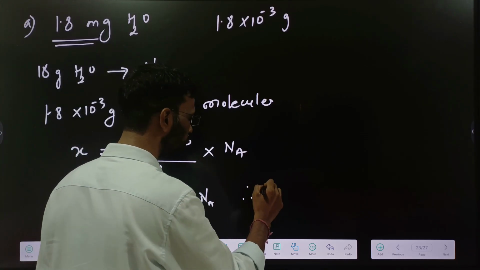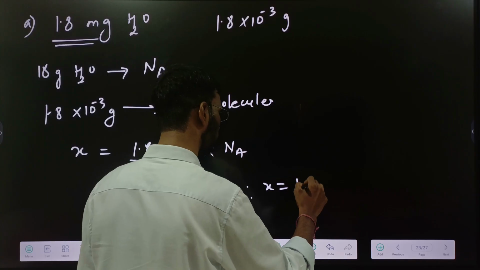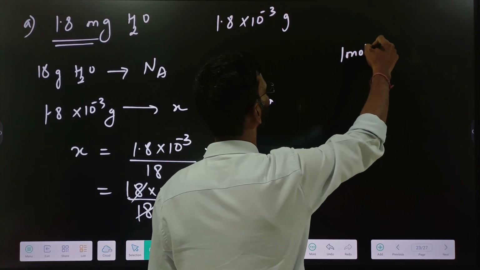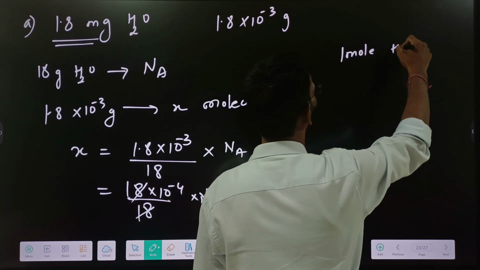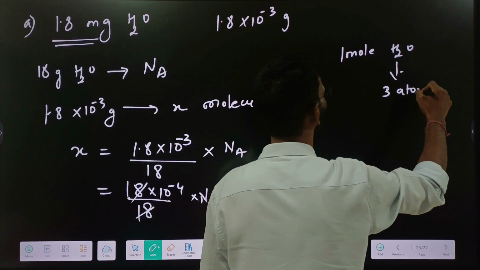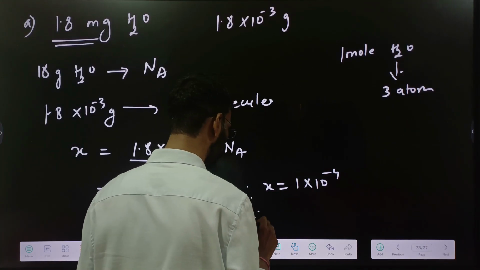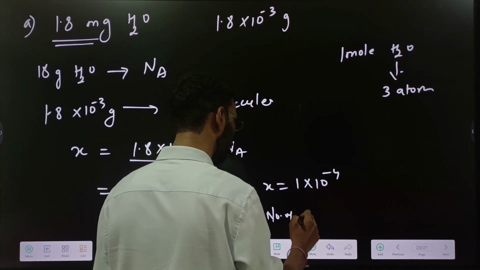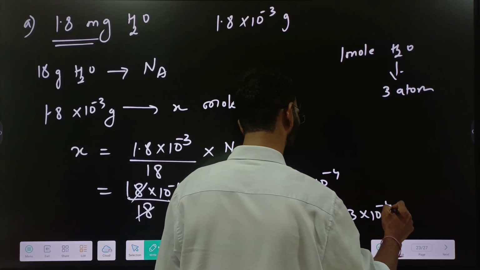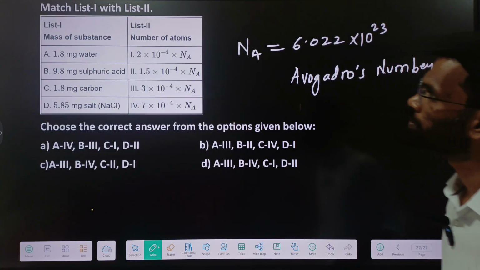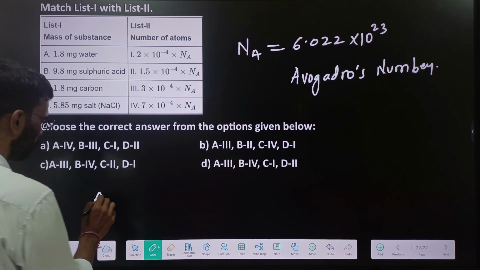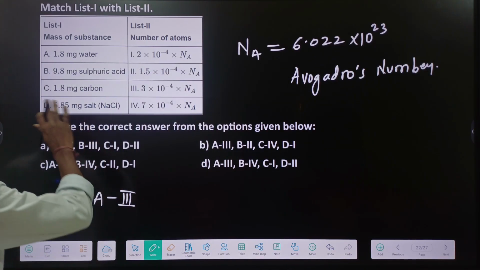Therefore, the number of molecules X is equal to 1 into 10 raised to minus 4. Now one molecule has how many atoms? One molecule of H2O has 3 atoms together. So the number of atoms will be 3 into 10 raised to minus 4. Okay, one option is there. So A is 3.